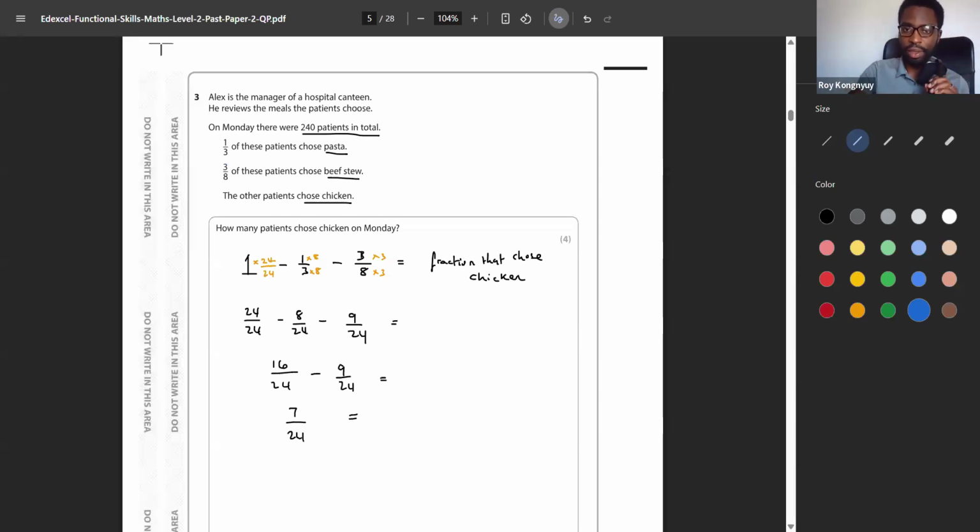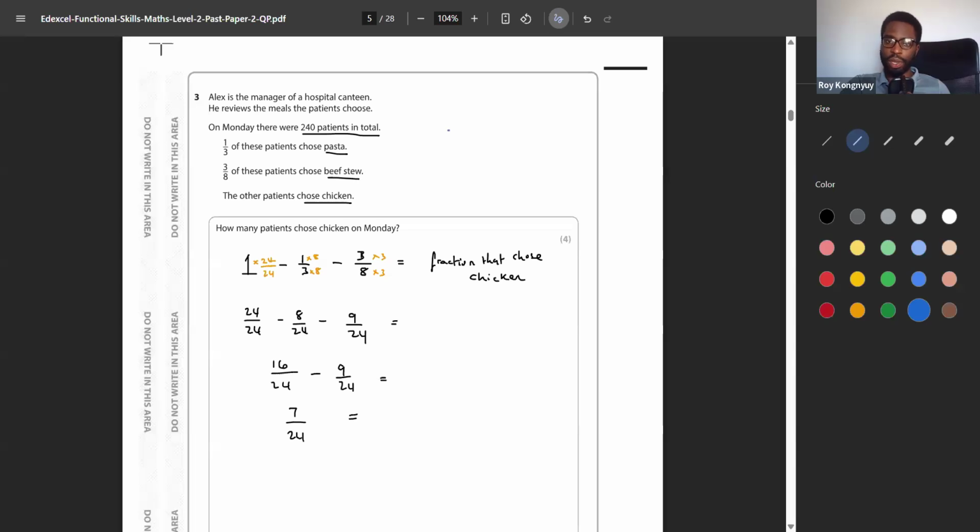Remember that this is a law in arithmetic that you can only subtract and add things of the same kind. And so if we're dealing with thirds and eighths, we can't subtract eighths from thirds directly, right? So we have to reduce everything into a common denominator.